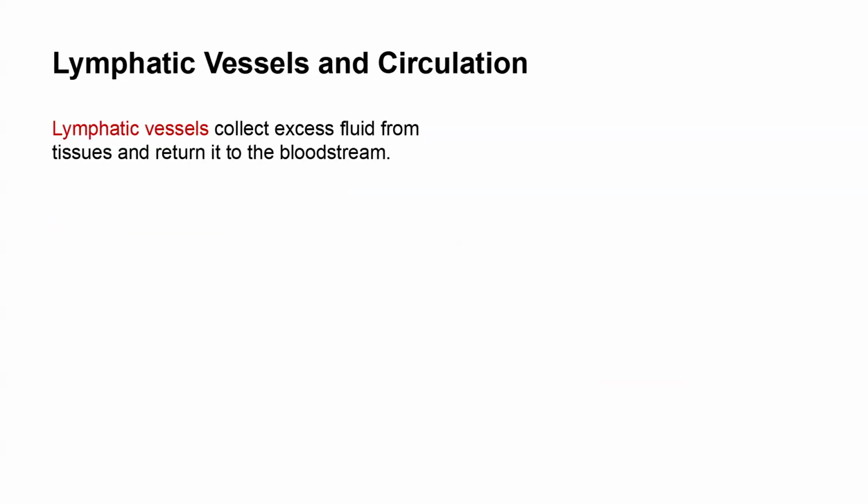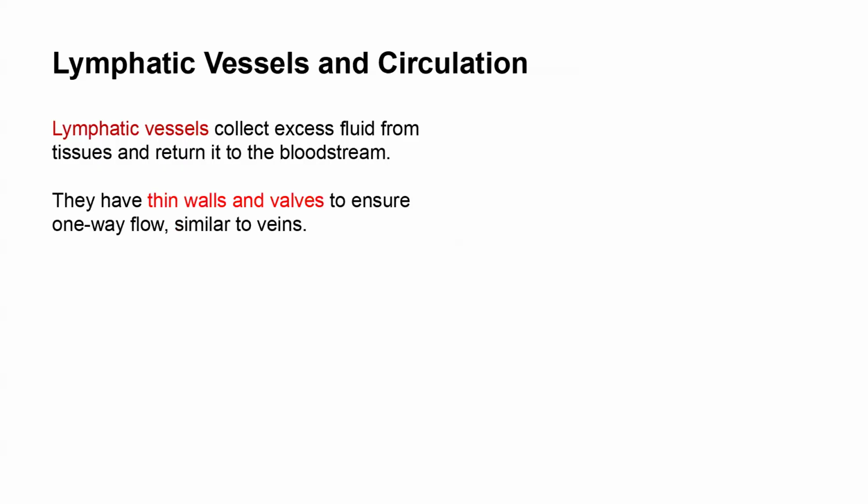The next thing is lymphatic vessels and circulation. The lymphatic vessels generally collect excess fluids from tissues and then return them to the bloodstream. That is what they do. They collect excess fluids from different tissues and then return them to the bloodstream. That is why they are important in maintaining fluid balance.